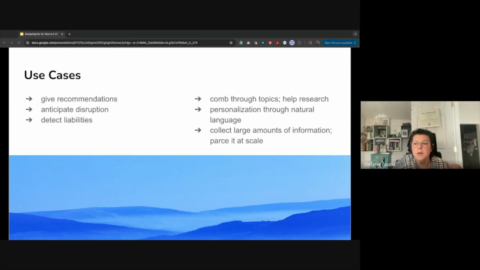The other thing that AI can do really well is anticipate disruption. I said that I work with these very large servers, and we process a lot of data. So let's say that we have a really large retailer and there is a big sales event coming up, right? It's going to jam up the system with a lot of transactions, a lot of information.